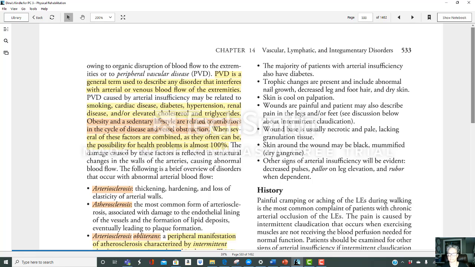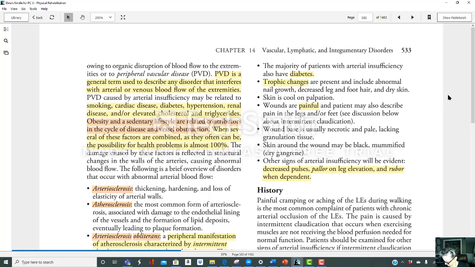Skin is cool on palpation. Wounds are painful and the patient may also describe pain in the legs and/or feet. See discussion below about intermittent claudication. The wound base is usually necrotic and pale, lacking granulation tissue. Skin around the wound may be black, mummified, dry gangrene. Other signs of arterial insufficiency will be evident: decreased pulses, pallor on leg elevation, and rubor when dependent.